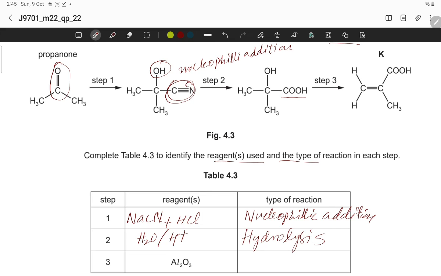And in step 3, COOH, K is formed. OH is eliminated to form a double bond over here. So OH is eliminated and a double bond is present here.